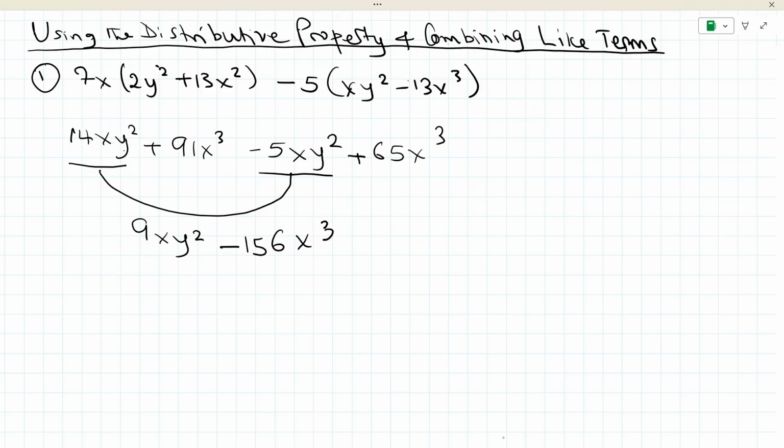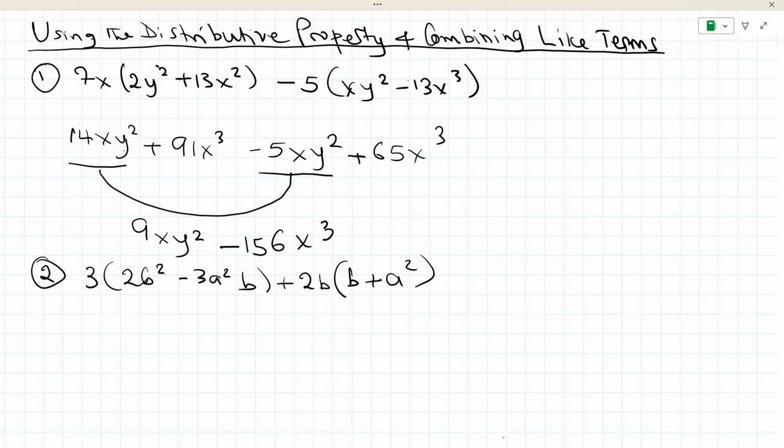All right. Okay, now let's try the next example 2. 3 into 2b squared minus 3a squared b plus 2b into b plus a squared.